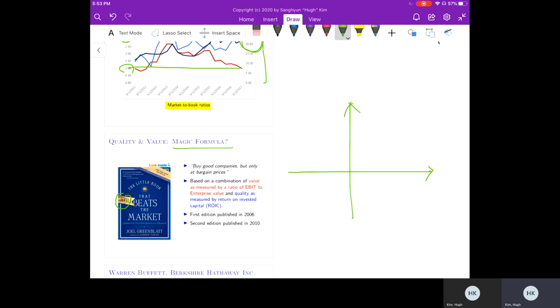He proposed measuring quality by return on invested capital and measuring value by the ratio of EBIT to enterprise value. So here, price is in the denominator. So a high ratio means cheap, and a low ratio means expensive.